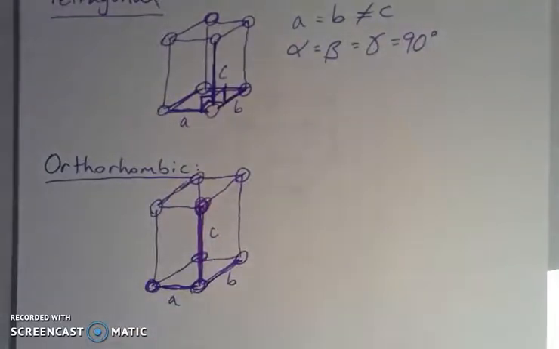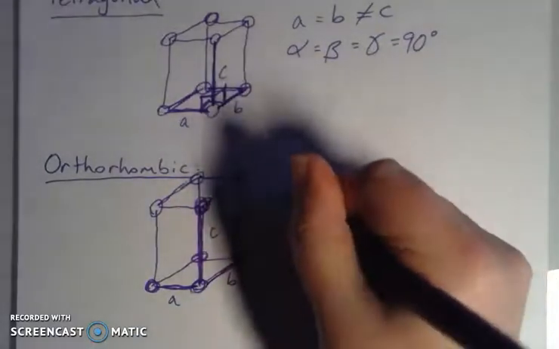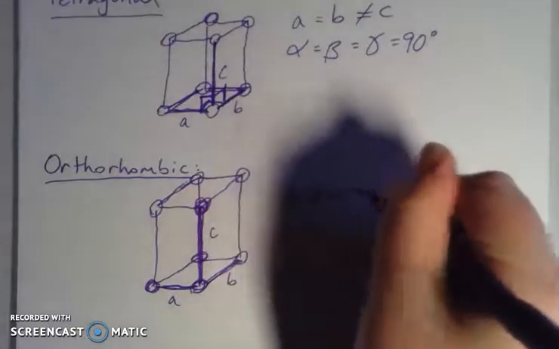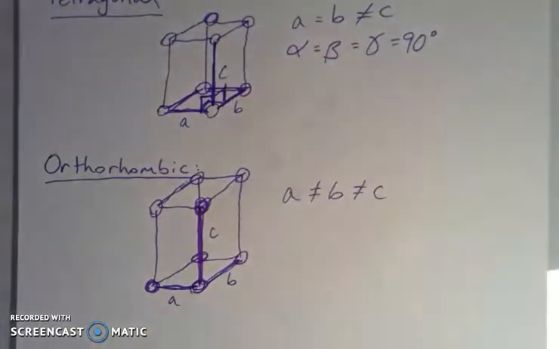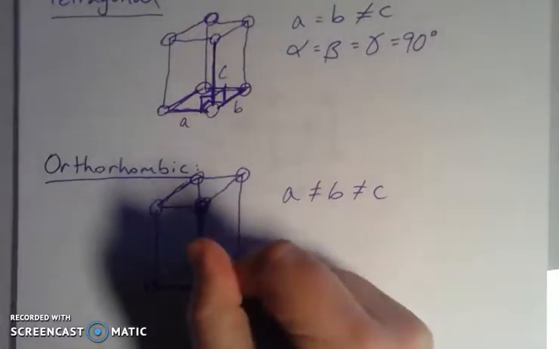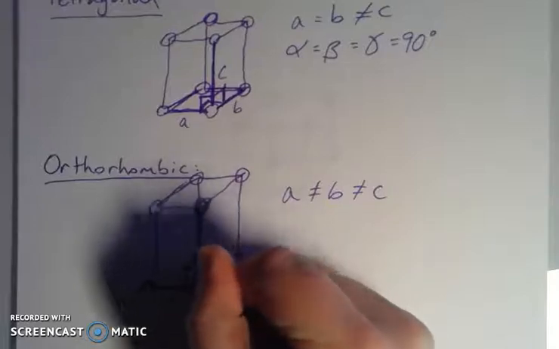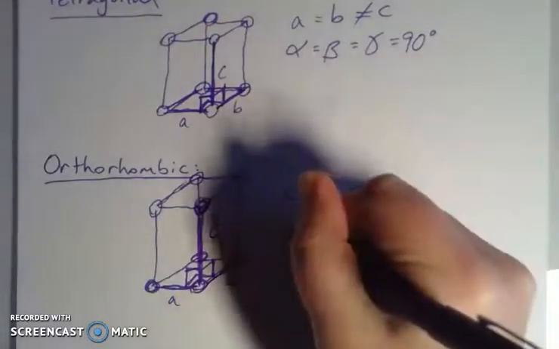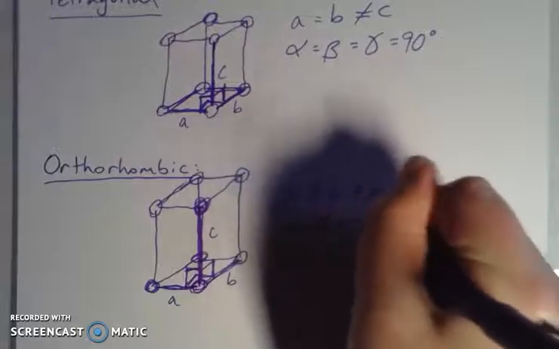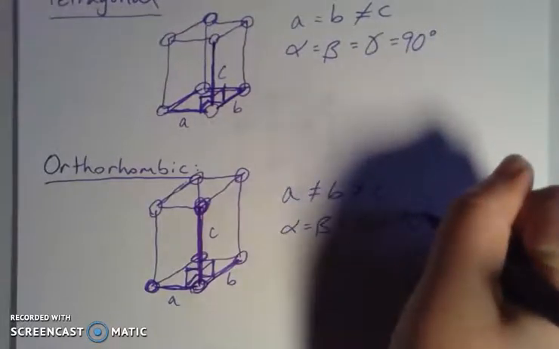So that means in an orthorhombic crystal, I have an A that isn't equal to B, that isn't equal to C. So all 3 side lengths are different from each other. But in terms of angles, we still have a right angle here, we have a right angle here, and a right angle for our gamma as well. So alpha is equal to beta is equal to gamma, and those are all right angles.